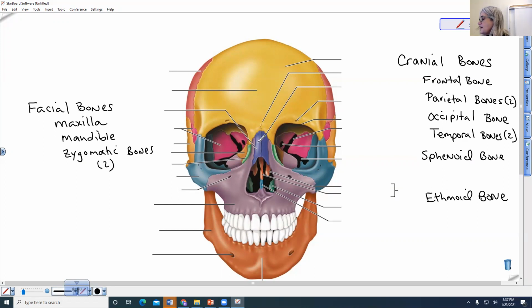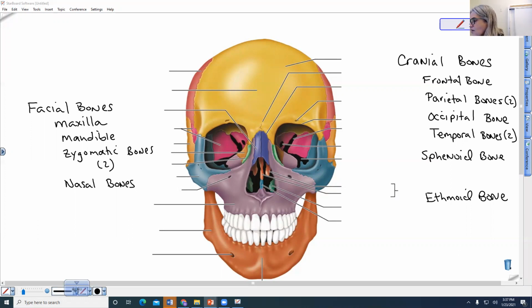And then if you look at these, we have the nasal bones right here in this dark blue. So we have nasal bones. You'll also see that in our skull we have a lacrimal bone. And the lacrimal bone is actually here in this green structure right here.